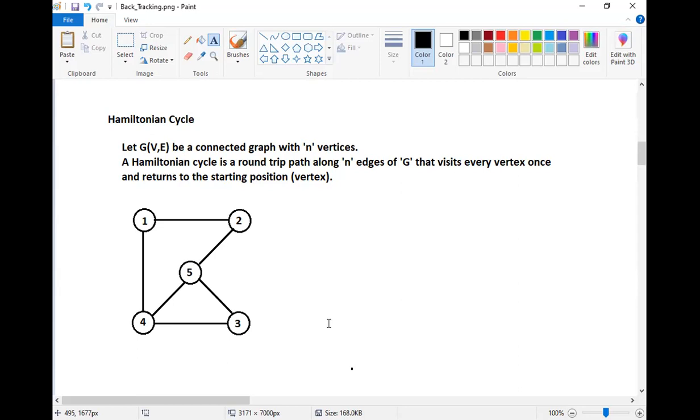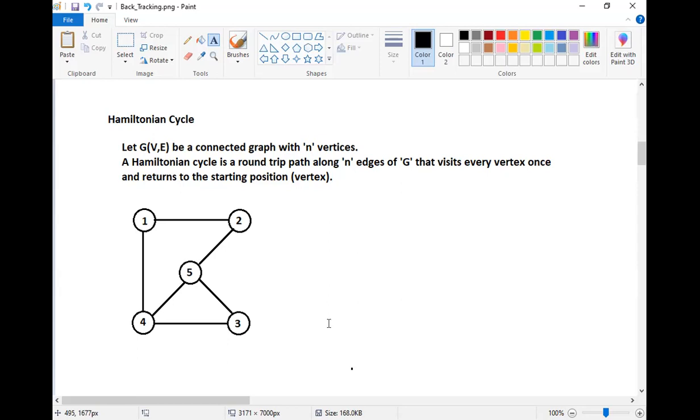A Hamiltonian cycle is a round path along n edges. N edges means in that graph how many vertices will be there? N only. If there is a graph with 5 vertices, the Hamiltonian cycle, a subgraph, will have 5 edges. Not even less, not even more. There should be exactly 5 edges.